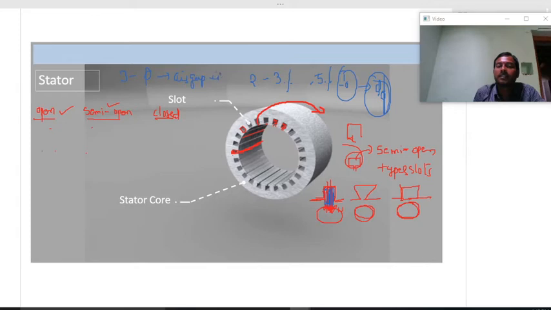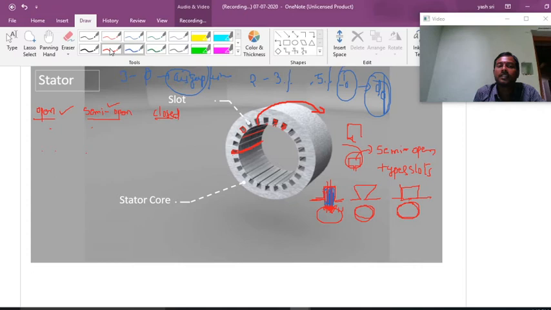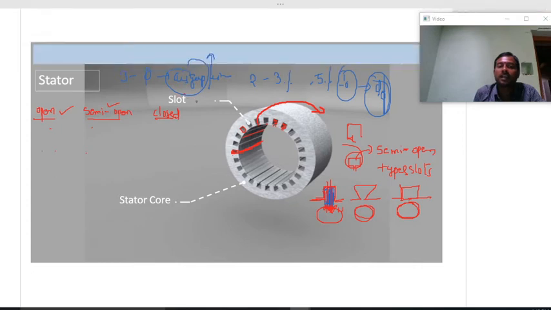If air gap increases, then the no load current I naught of the induction motor increases. If air gap increases, the no load current to produce the required flux in the air gap increases. So we should reduce such no load currents.